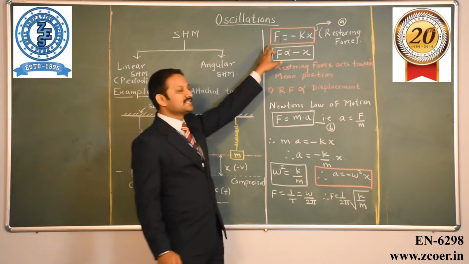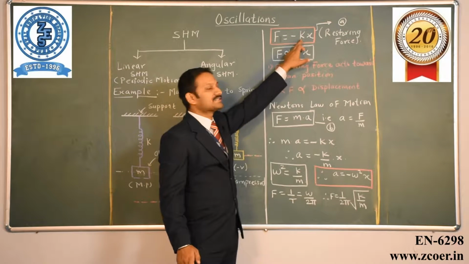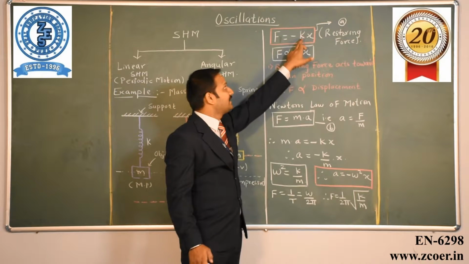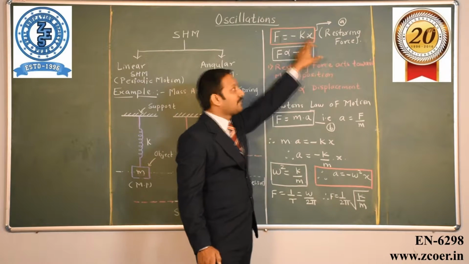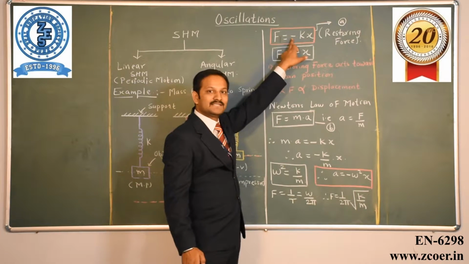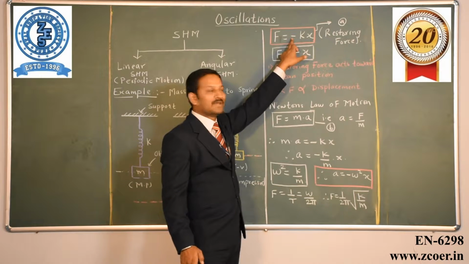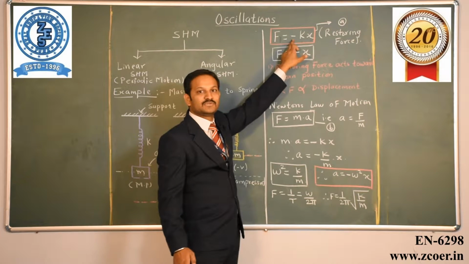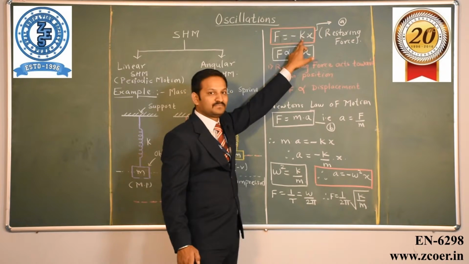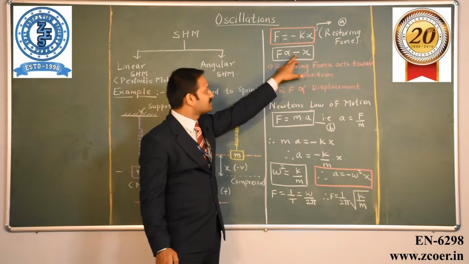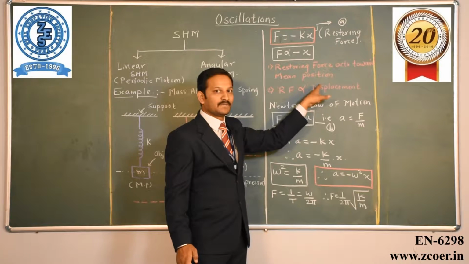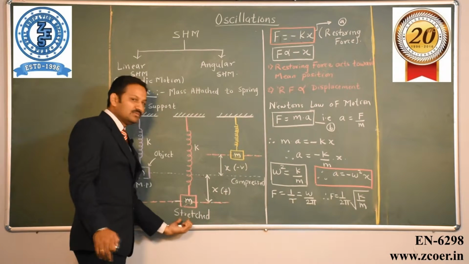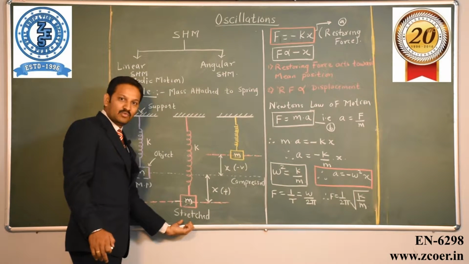So what is the restoring force? The restoring force is F equals minus Kx. K is the spring constant, X is the displacement. There is a minus sign in this formula, F equals minus Kx. This minus sign comes because the restoring force acts towards the mean position. As the mass moves down, it is accelerating in downward direction.